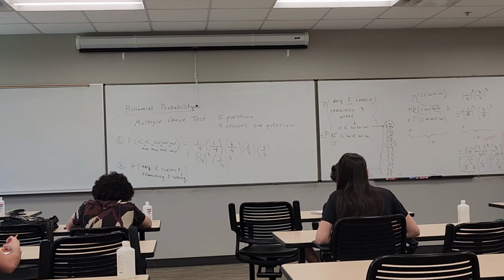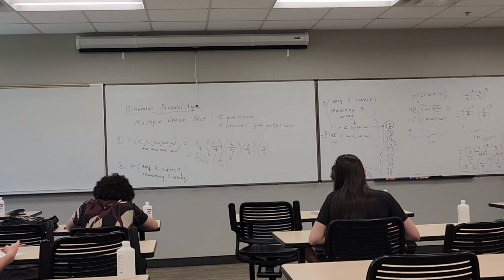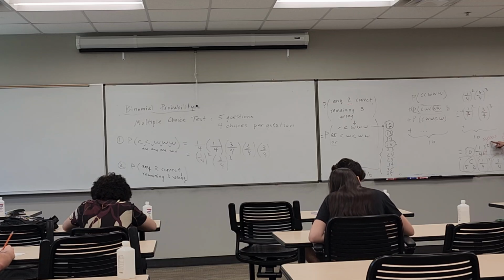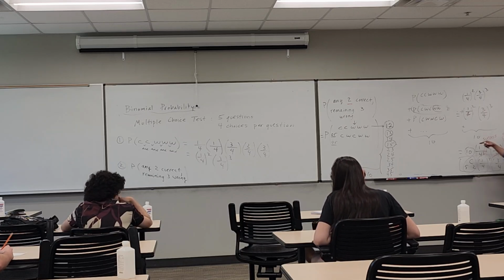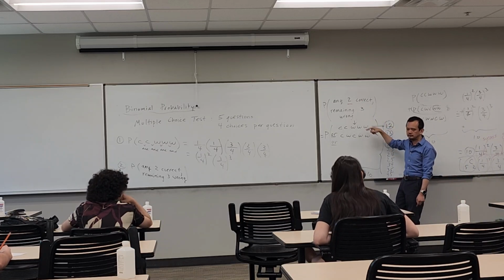I think that's a bad thing to call it, because failure implies that it's not good. You're assigning some subjectivity to it, and then students often get confused as to whether this is good or bad, or is this success or not. But really, success is just whatever you're keeping track of, and non-success is what's left over. Here you're keeping track of getting 2 questions correct, and what's left over is you can get 3 wrong.